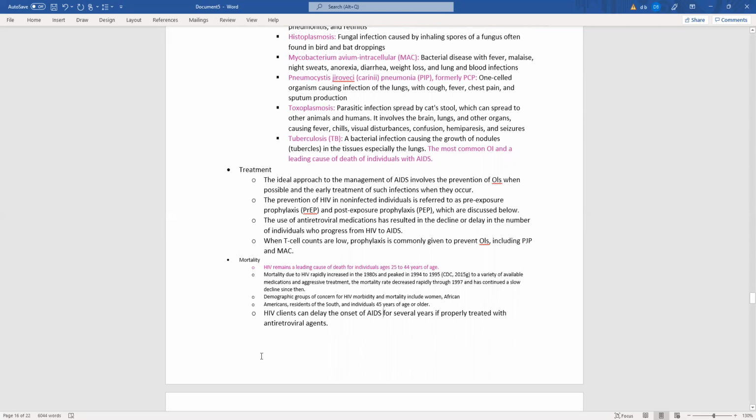Demographic groups of concern for HIV morbidity and mortality include women, African Americans, residents of the South, Louisiana, and individuals 45 years of age or older.